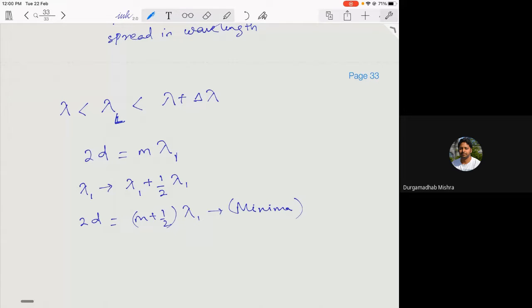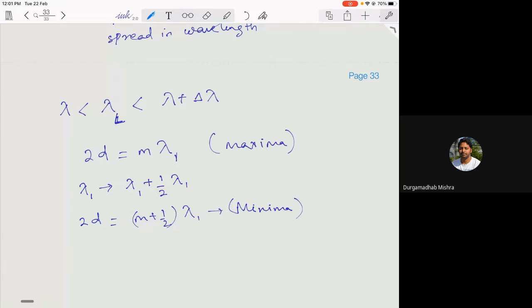So in the same wave, I have a maxima as well as a wave which satisfies the condition for destructive interference. Therefore, I will not really observe any interference pattern in that case. In order to observe an interference pattern, the spread should be much less than half of lambda 1.